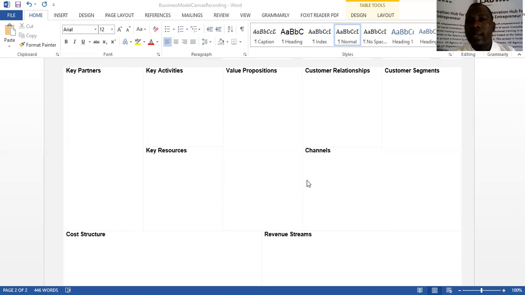The key channels entail the means for delivering the service, or the communication means, how the value will be delivered to customers. The cost structure: any business needs resources and activities, and it entails some costs.